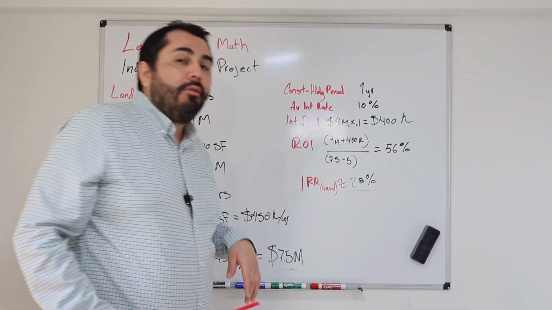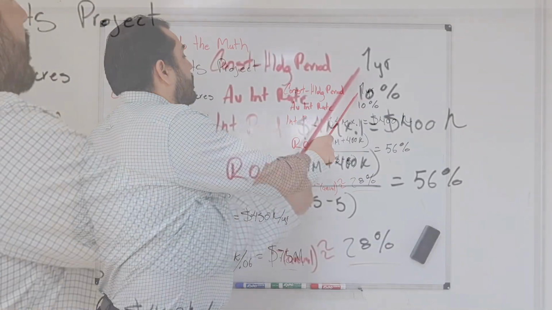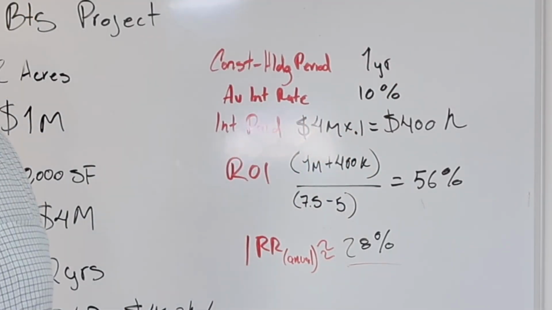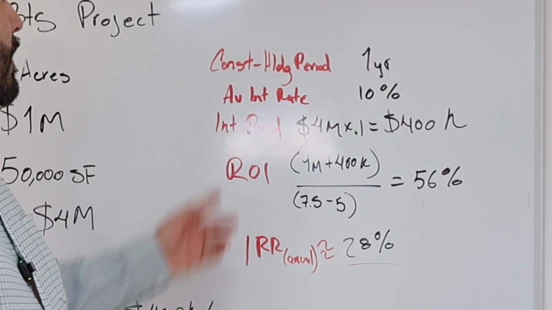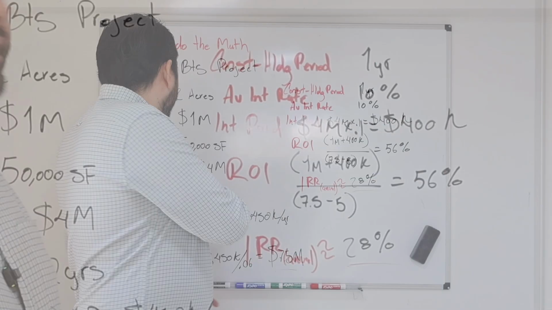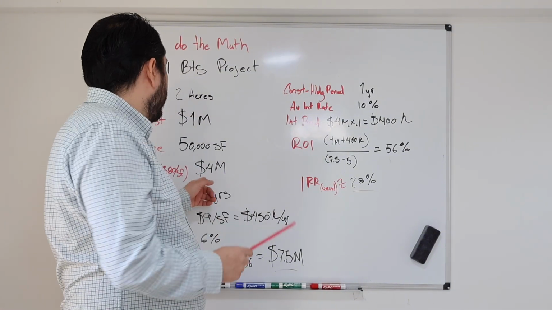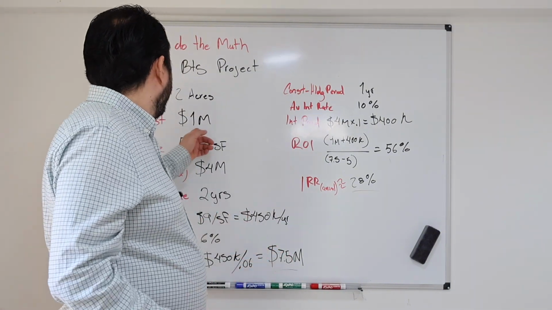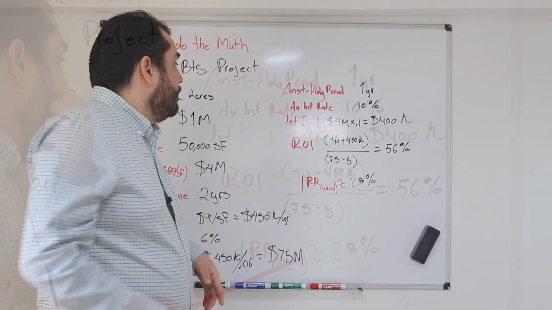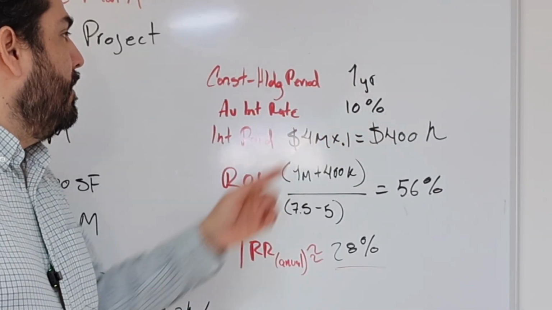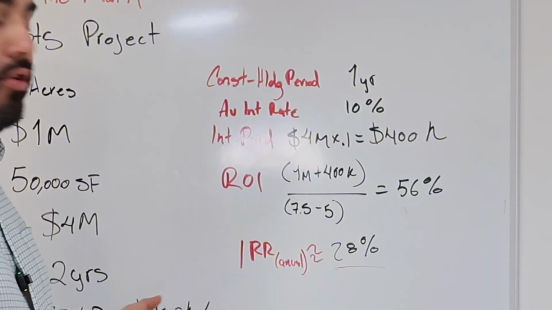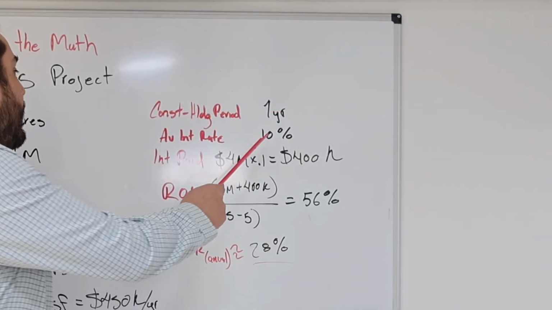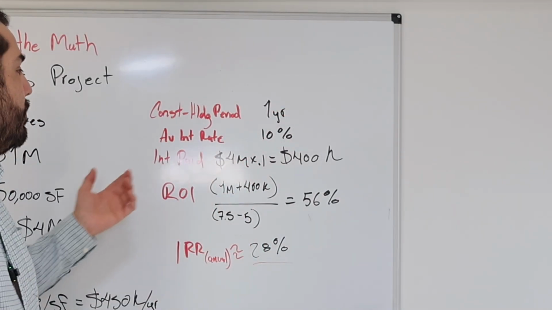Okay, how much are we making here? We are holding this property during the construction period and the holding period while we have the loan, because the construction cost we are paying from a loan, and the land we are paying in cash. So we are paying 1 year of holding and construction interest, and the average is about 10%.